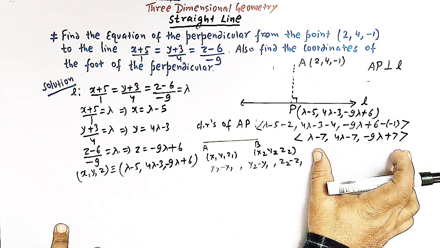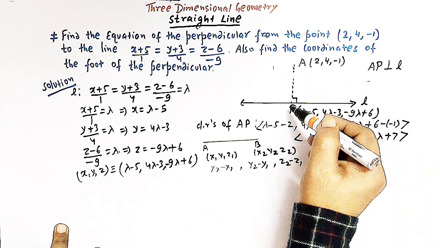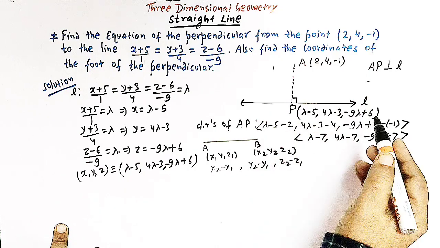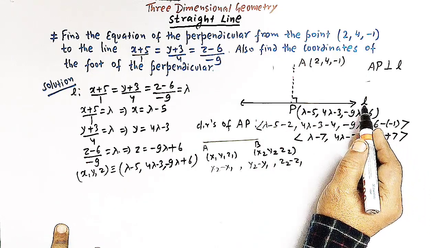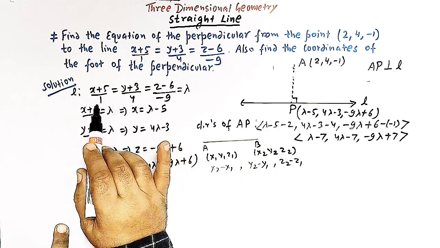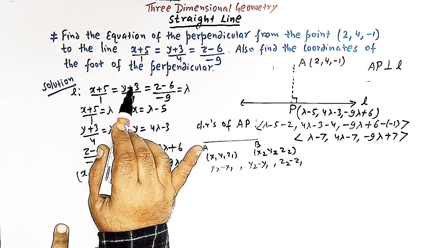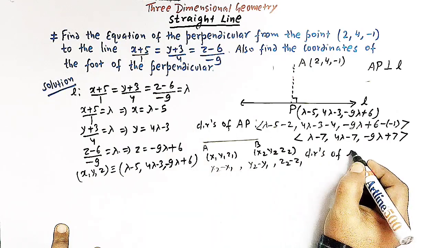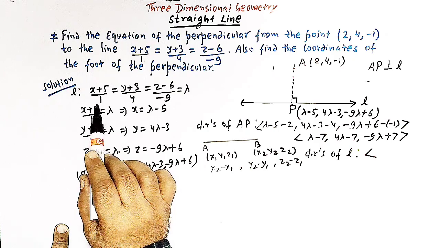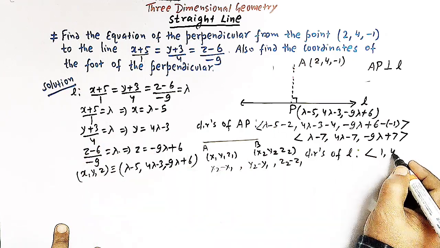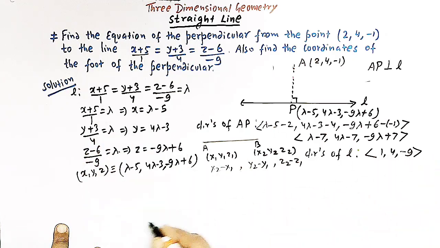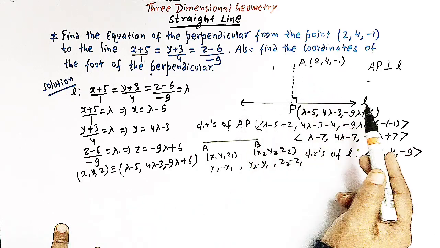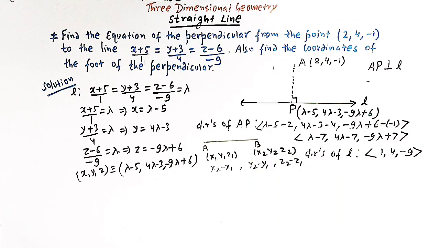So these are the direction ratios of this perpendicular AP, right? Now the direction ratios of this line L are obtained from the denominators of these three quantities, so the direction ratios of the line L are simply 1, 4, minus 9, right? So now we have the direction ratios of AP and the direction ratios of the line L.